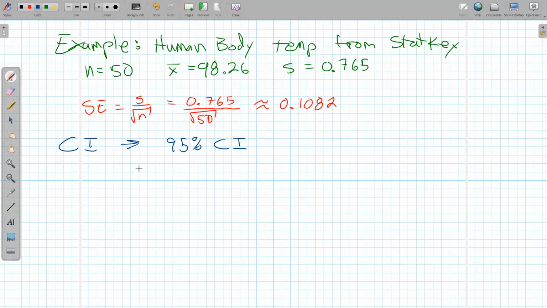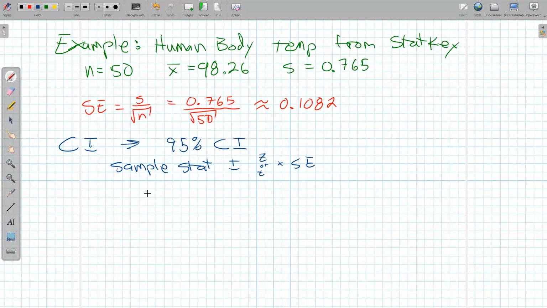Our formula for a confidence interval is always the sample statistic plus or minus some z or t score times whatever the standard error is. That z or t score is based on a 95% middle here, so we'll have to go out and find that.